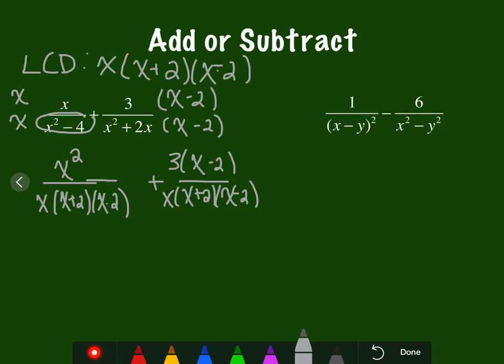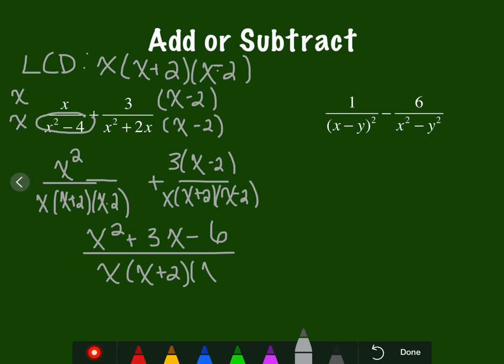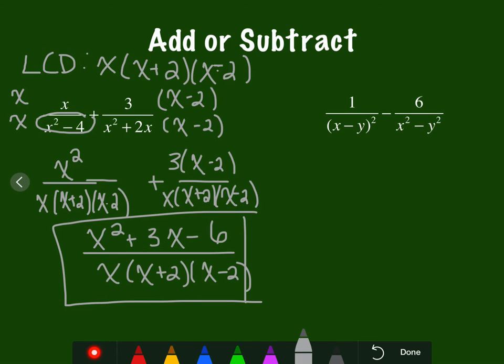So let's simplify this. x squared plus 3x minus 6 over x times x plus 2, x minus 2. x squared plus 3x minus 6 isn't going to factor, so I could just leave this as is. I would also leave the denominator factored. I wouldn't multiply it out, but you can.